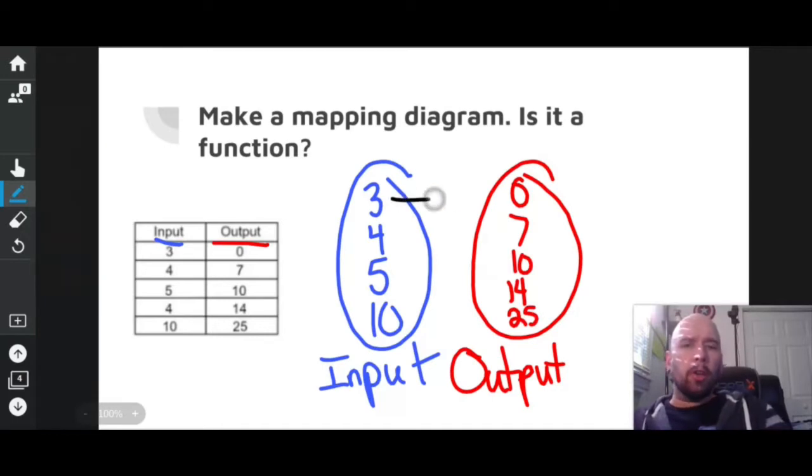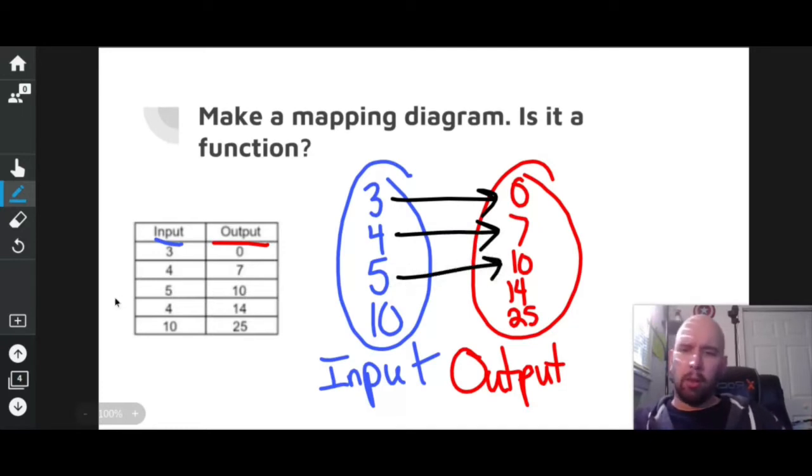3 goes to 0. How do I know that? Because over here it says 3 is matched up with 0. That 4 is going to go to 7, straight across. That 5 is going to go to 10, pretty much straight across. That 4 goes to 14, so bad things happen. And 10 goes to 25.